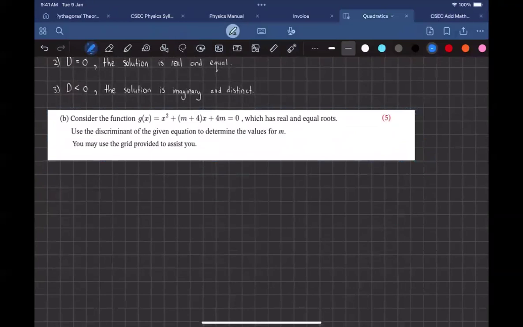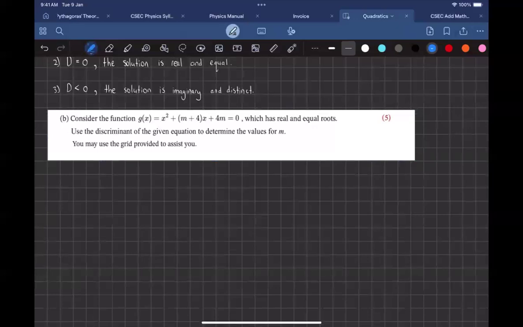Consider the function g of x is equal to x squared plus m into m plus 4, x plus 4m is equal to 0, which has real and equal roots.